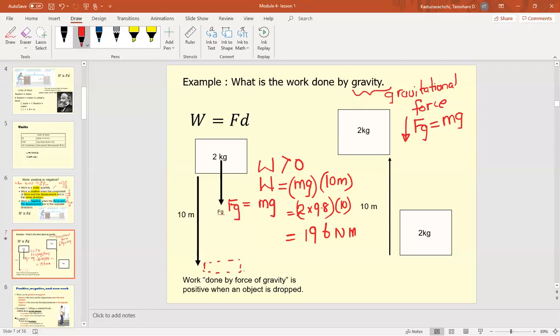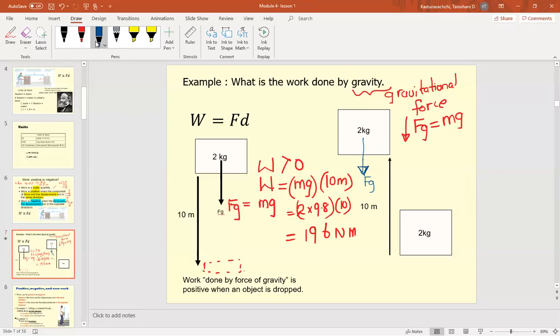Now what happens here? You lift something, and it's still asking not the work you are doing, it's asking the work done by gravity. I can't change the direction of the gravitational force. It is always vertically down. Now look at that. Gravitational force is downward, the brick is going upward.